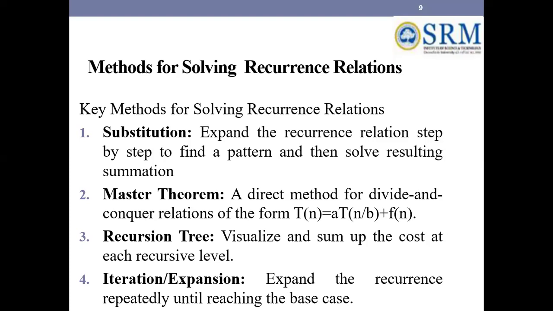Finally, the cost is added of all levels to get the overall time complexity or cost of the proposed algorithm. And this is a visual representation of recurrence equations to find the time complexity.